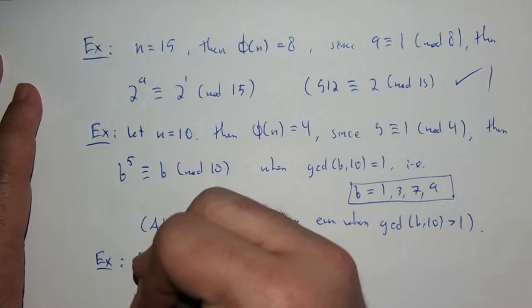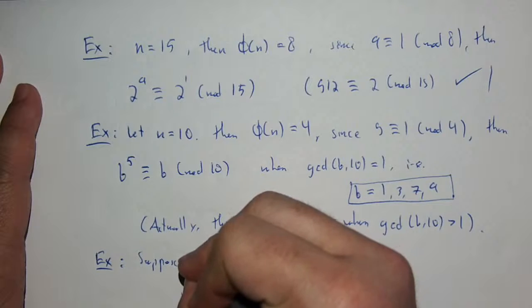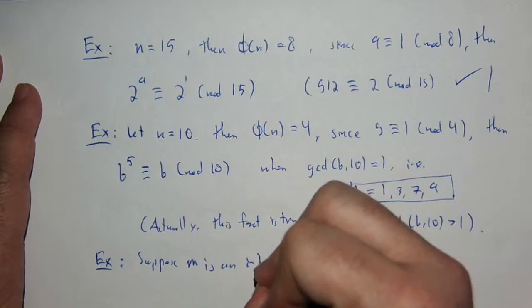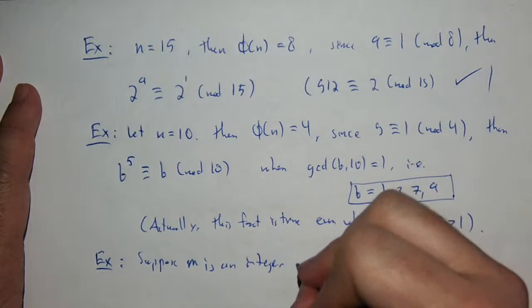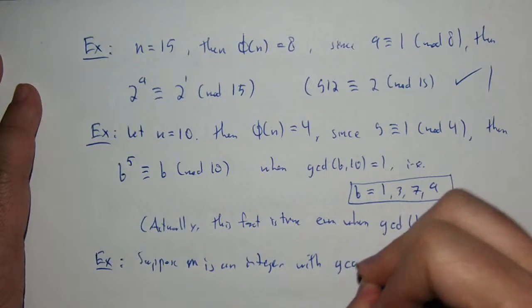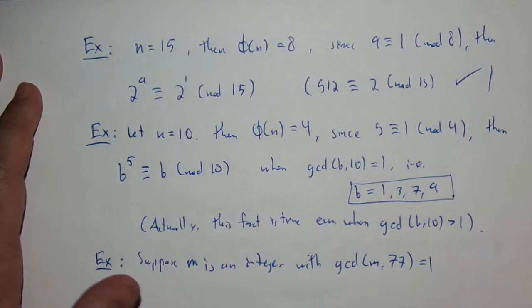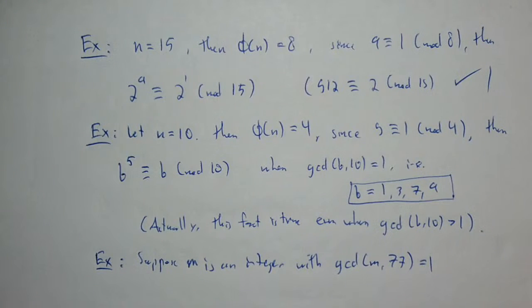So let's suppose m is an integer with the GCD of m and 77 being 1. All right, so it's relatively prime to 77.